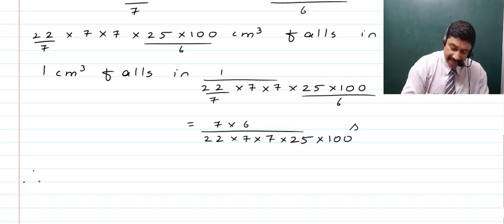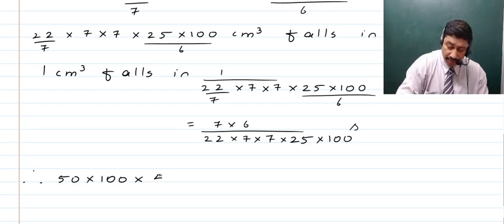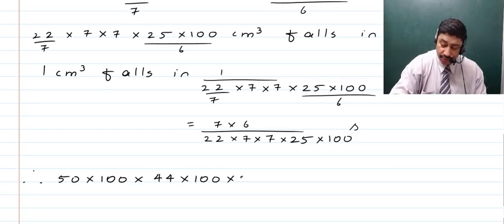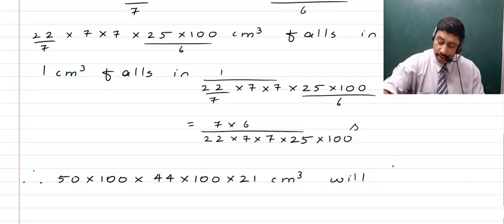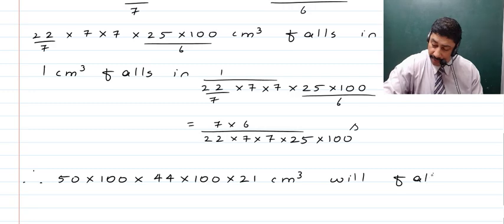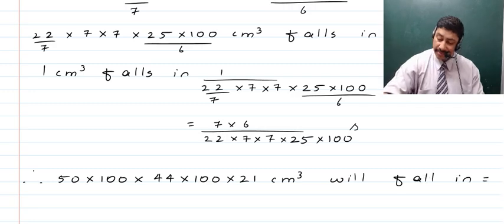So we will say that therefore 50 into 100 into 44 into 100 into 21, right, centimeter cube will fall in how many seconds?